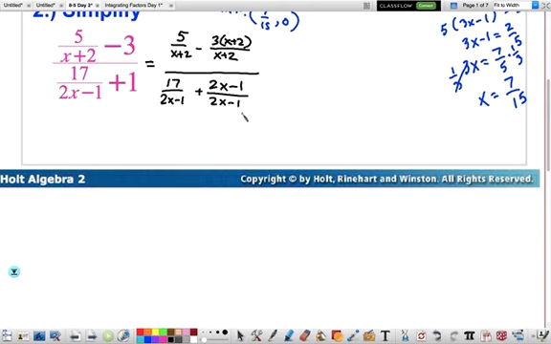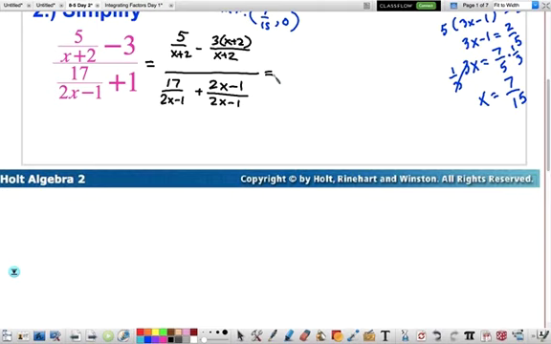So ask a question if you don't understand that step. Oh, because the 1 into 2x minus 1. Yeah, the 1 is this. That divided by itself is 1. We did that so we can add these two. We did this so we can add these two. So ask a question if you don't understand that step. Okay?